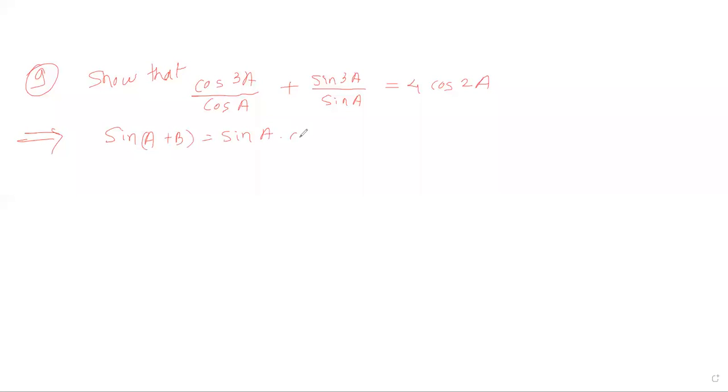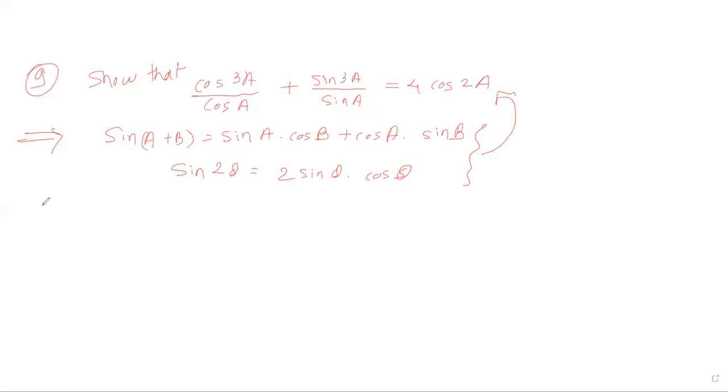Sin A cos B plus cos A sin B. And sin 2 theta is equal to 2 sin theta into cos theta. We are using these two formulas for this example.